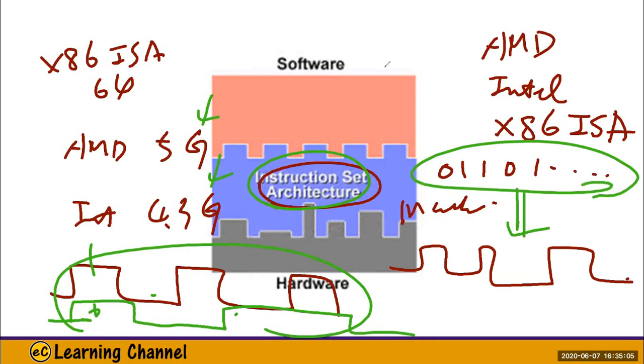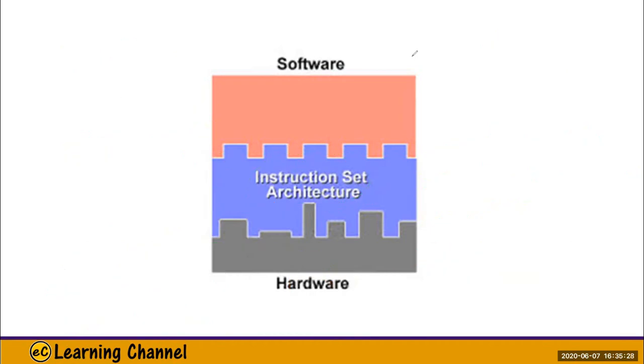Your poor 1 gigahertz CPU can run it, my 2 gigahertz can also run it. So the instruction set is a language that makes two different machines of different speed and memory size run the same program. That's the interface between your software and hardware.